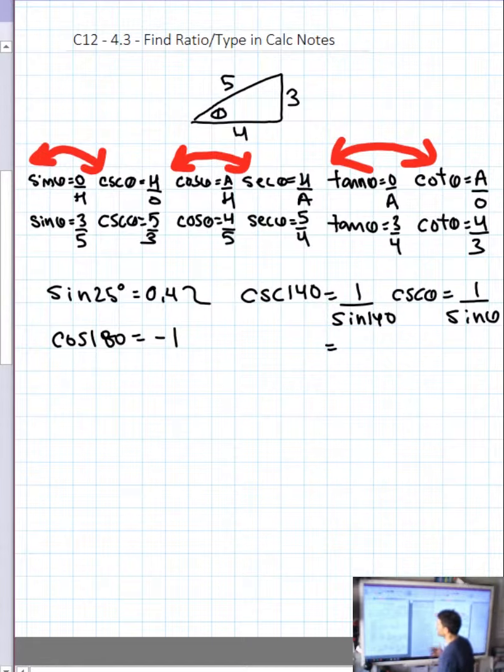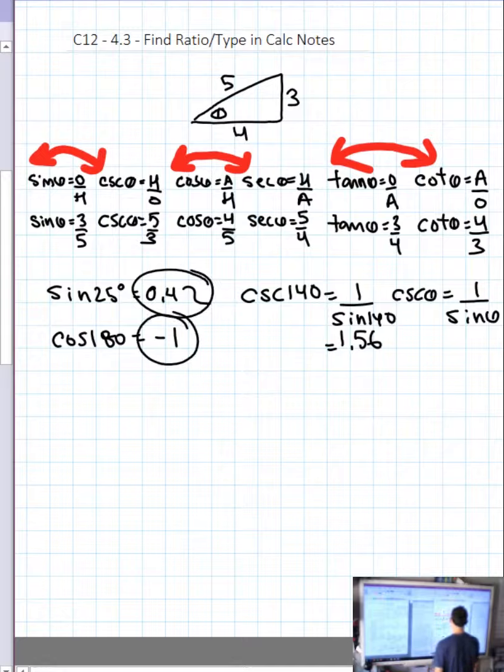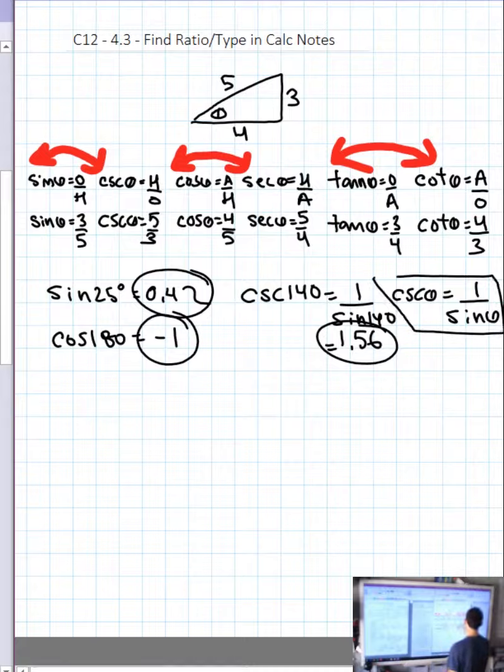And 1 divided by sine of 140 is equal to 1.56. I'm going to be circling my answers on the page just so we get more comfortable with what our answers are compared to our formulas, which I usually box out.